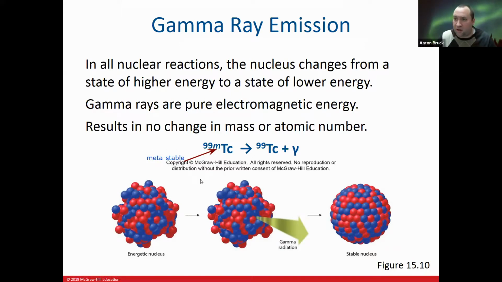That's really all we are getting in gamma ray emission. So no changes in charge, no changes in mass, just a more disordered, more energetic state stabilizing itself and becoming more ordered and less junky.